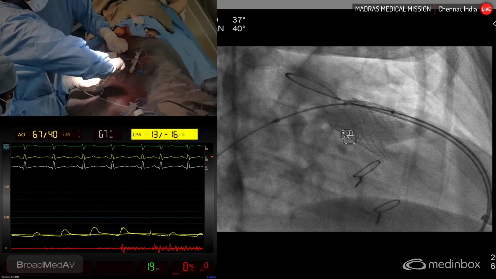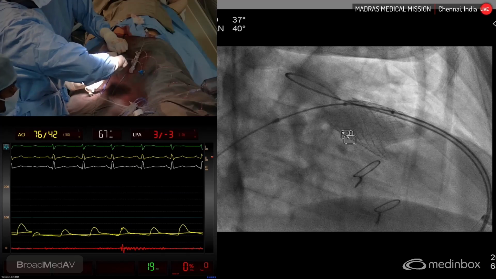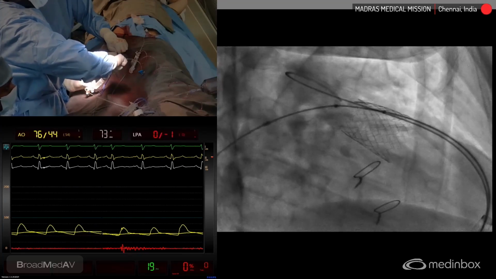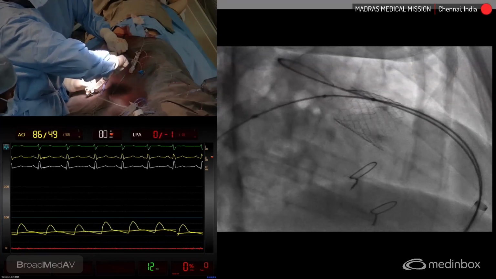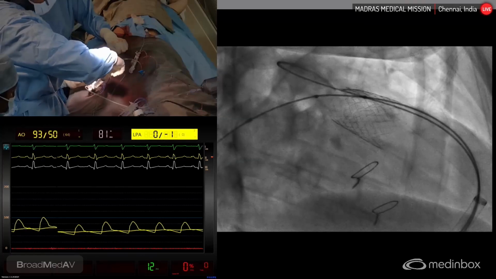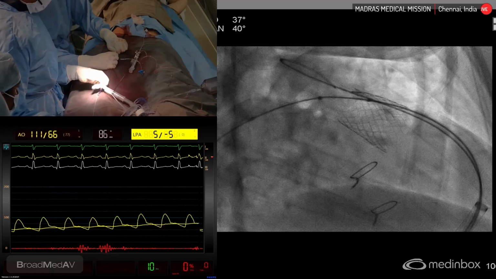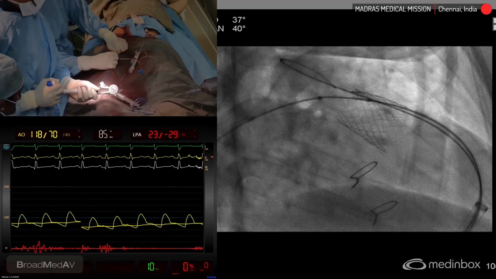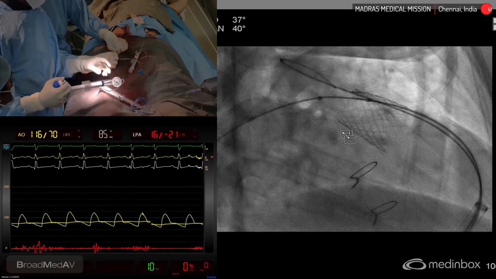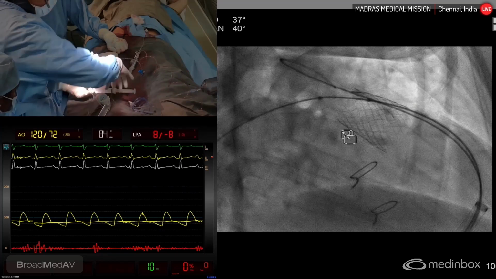So I'm trying to deflate the balloon. The BP is falling because of the outflow tract obstruction. So now we have taken out the balloon has been deflated.